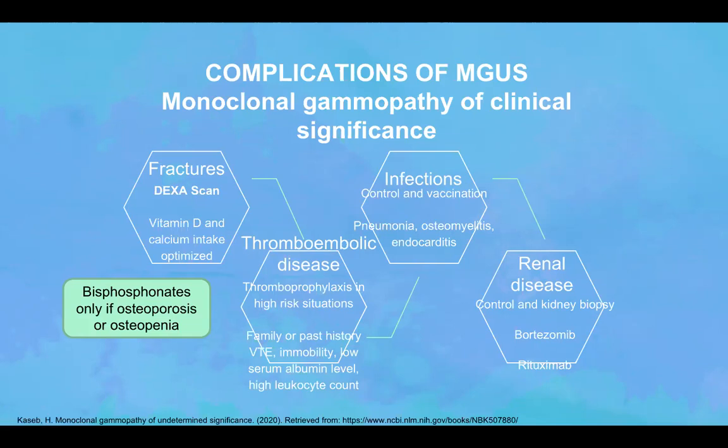And also the renal disease is something that we need to discuss about in these patients, and we need to have control, and in some cases we're going to be doing a kidney biopsy. And some of the treatments that they're using for these patients is bortezomib and rituximab. Some of the treatment that we use in these patients are going to be off-label. They're going to be FDA approved for other diseases, but not for MGUS.